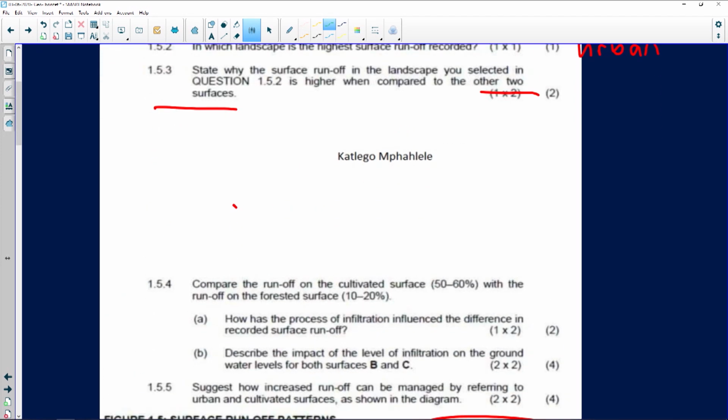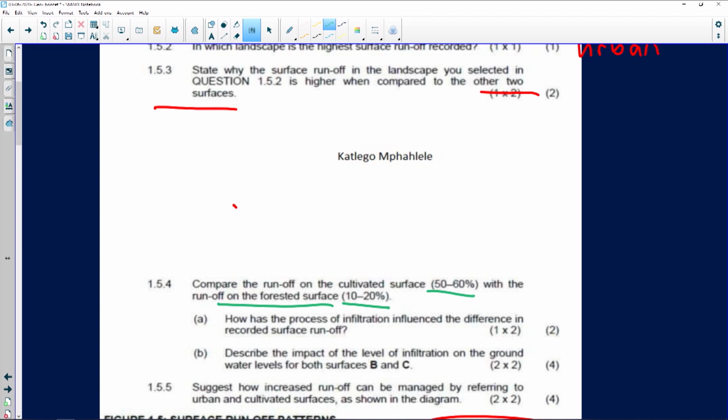Now, if you look at question 1.5.4, if we compare the runoff on the cultivated surface, as you can see, it's basically 50-50. Indirect and direct runoff. Some of the water infiltrates, some doesn't. Whereas the forested area has 10 to 20% indirect runoff, underground runoff.